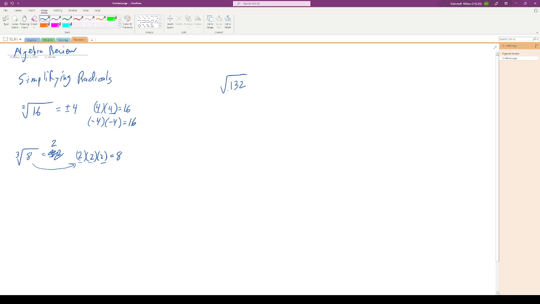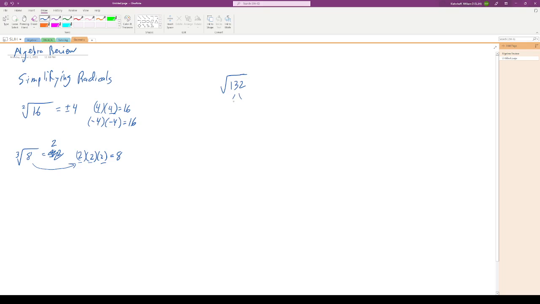We're just going to figure it out. Remember, since there's no index number, this is a square root we're dealing with. In order to find what numbers we can multiply together within this, we factor the 132 into its prime factors, or we look for perfect squares within that one.